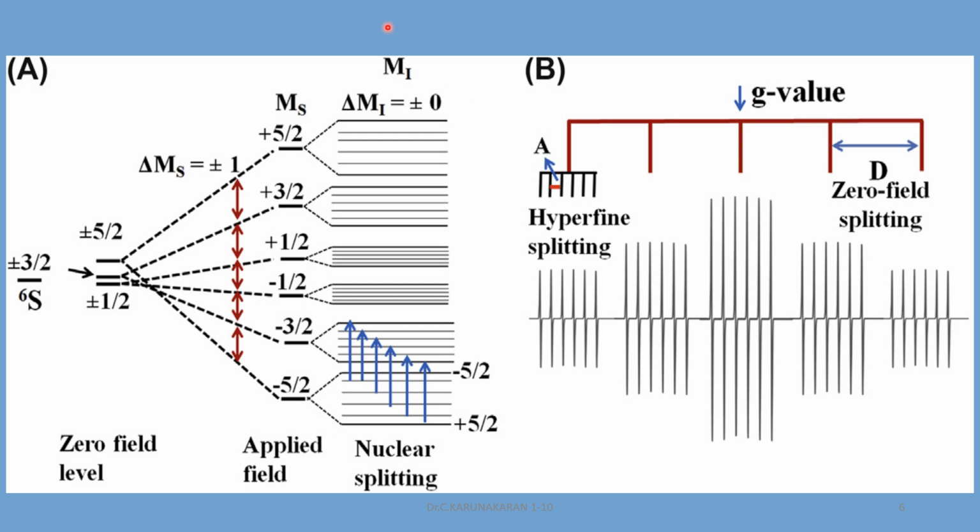Okay, so this is due to nuclear spin splitting. Therefore, plus 5 by 2 is the ground state. You see, this is plus 3 by 2 to minus 3 by 2, plus 3 by 2 to plus 3 by 2. Therefore, based on the delta MI equal to 0 selection rule, there are 6 lines, 1, 2, 3, 4, 5, 6. There are 6 lines observed for each of the fine structure lines.